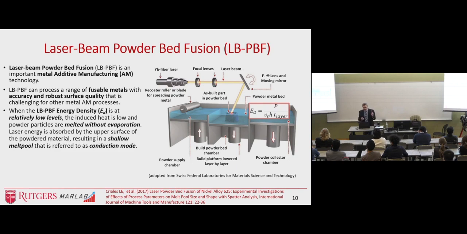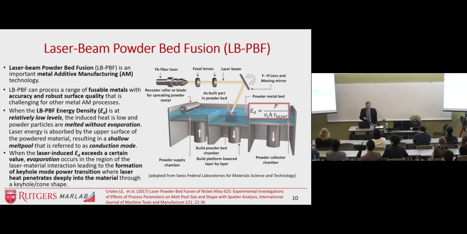Now, if this energy density is at relatively low levels, then the induced heat is rather low, and powder particles are melted without evaporation. So laser energy is absorbed by the upper surface of the powder material, resulting in a shallow melt pool, and this would be called conduction mode laser powder bed fusion.